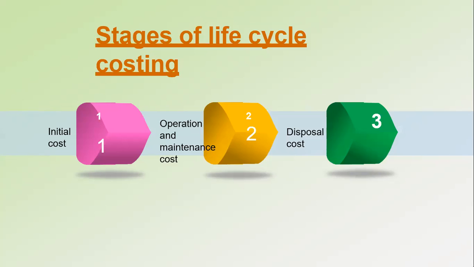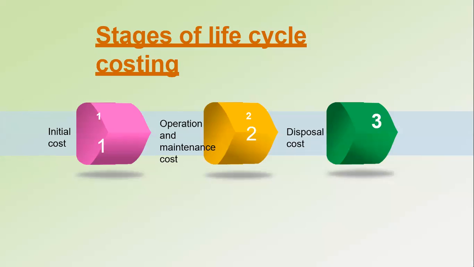And the last one is the disposal cost. Disposal cost is always higher than these two. Initial cost gives a tentative budget or tentative picture of the cost estimate before starting the project.